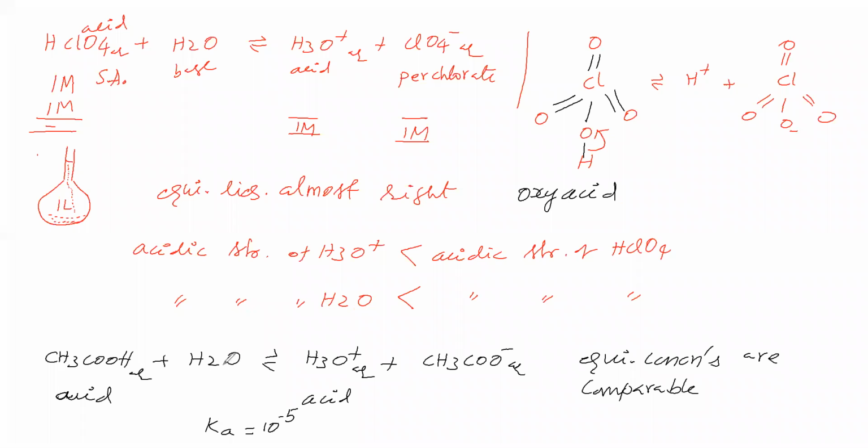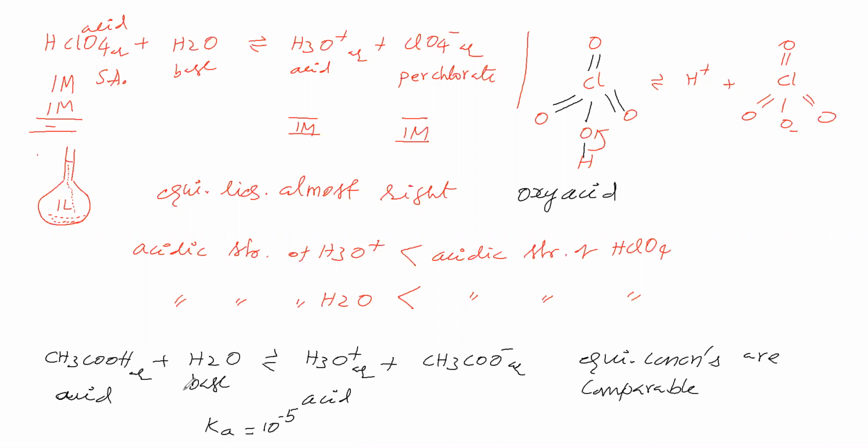Therefore, water is acting as a base, and acetic acid is acting as an acid. Which will have higher acidic strength out of these two? Acetic acid will have higher acidic strength. Water has lower acidic strength, therefore it is a base. Then how do we say it has acidic strength? We called water a base.